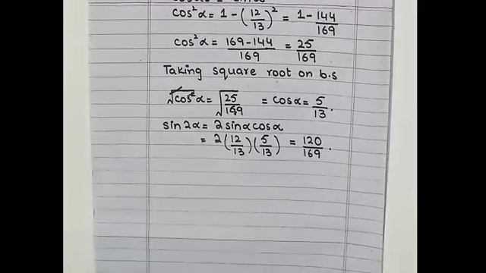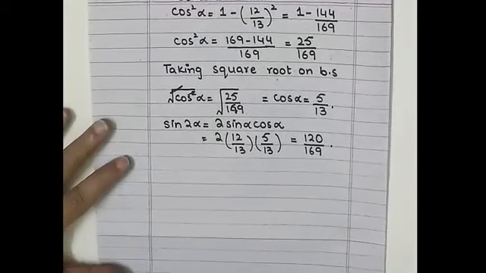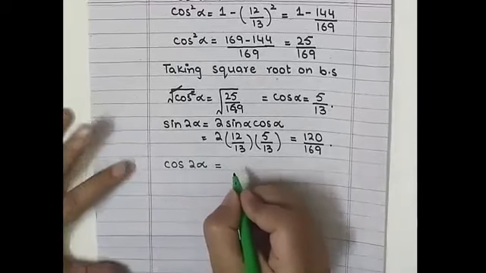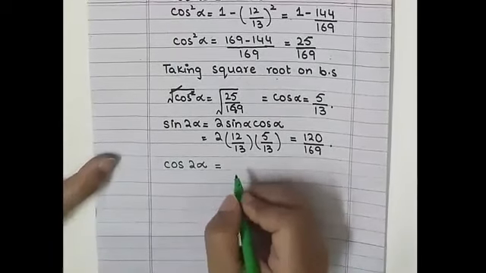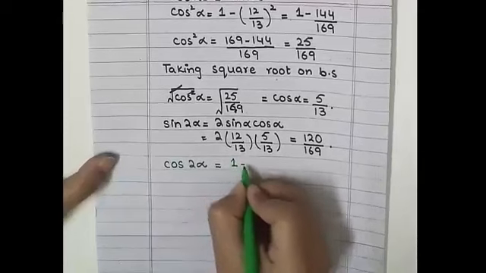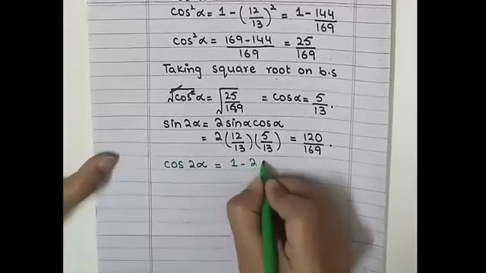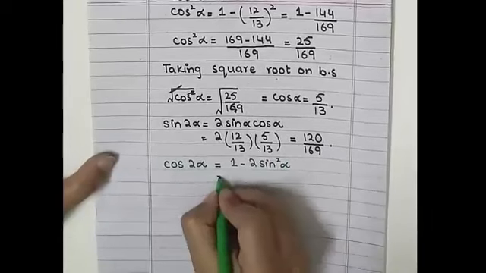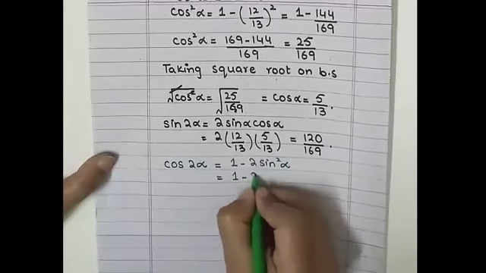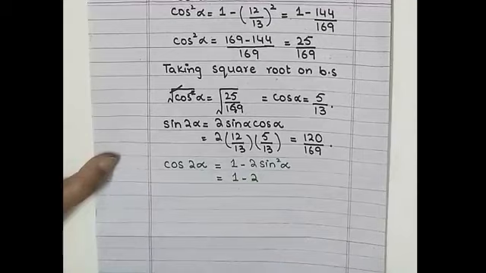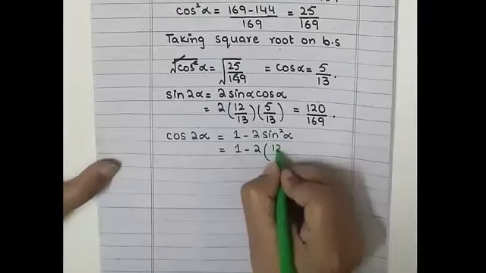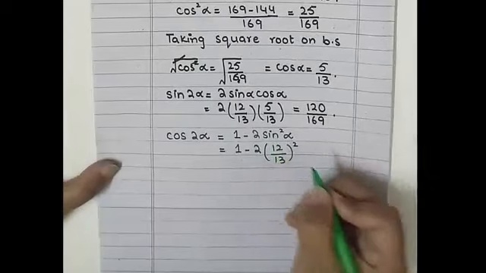Now to calculate the value of cos 2 alpha, we can take any formula. Let me consider 1 minus 2 sine square alpha. So this is equal to 1 minus 2 times the value of sine alpha, 12 over 13, whole square.